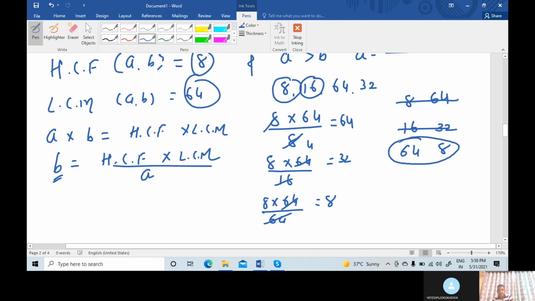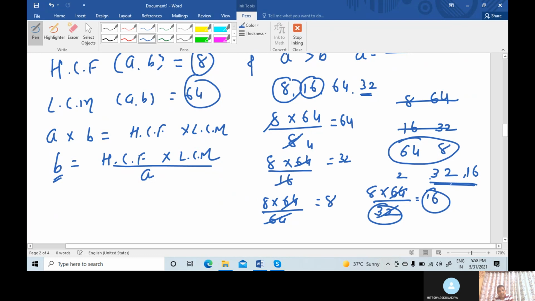Yes, this one is possible because here A greater than B. Fourth, also check here. 8 into 64 upon A equal to 32, 8 twos are 16. So we take A equal to 32 and B equal to 16. This one is also possible.